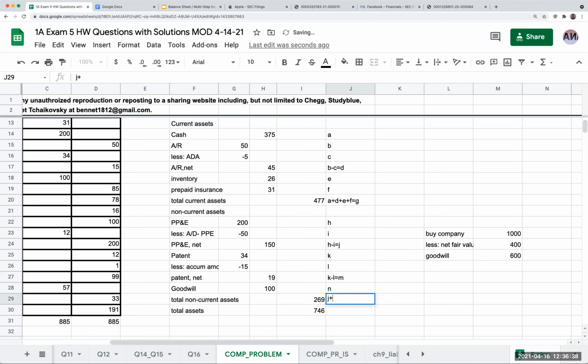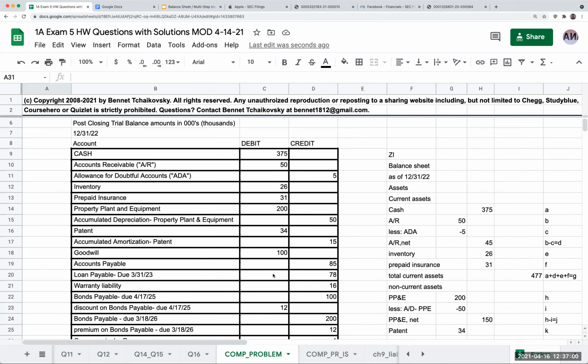When we add up the property, plant, and equipment net plus the patent net plus the goodwill, I get my total non-current assets. And when we add up the current assets plus the non-current assets, we get a total of 746,000.